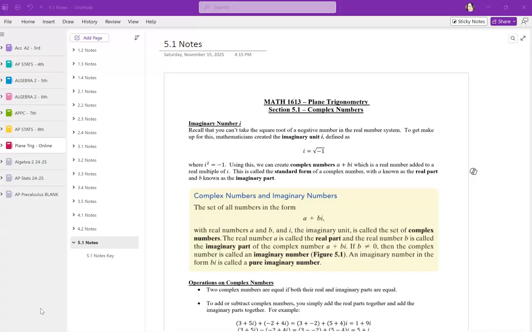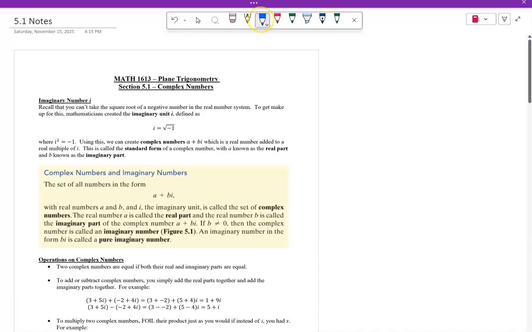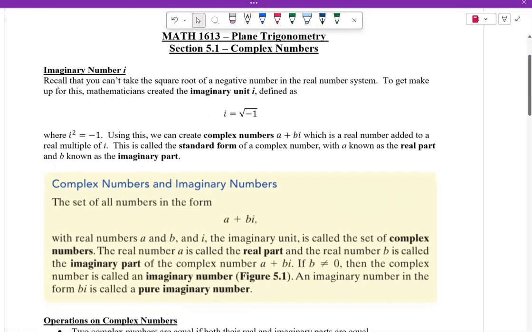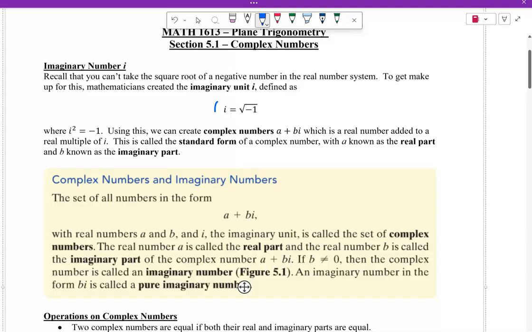Anytime you have a square root of a negative number, you always take out the negative and change it to an i. Okay? So, if I take this side and square it, and take this side and square it, you would see that i squared, and the square and the square root would cancel.